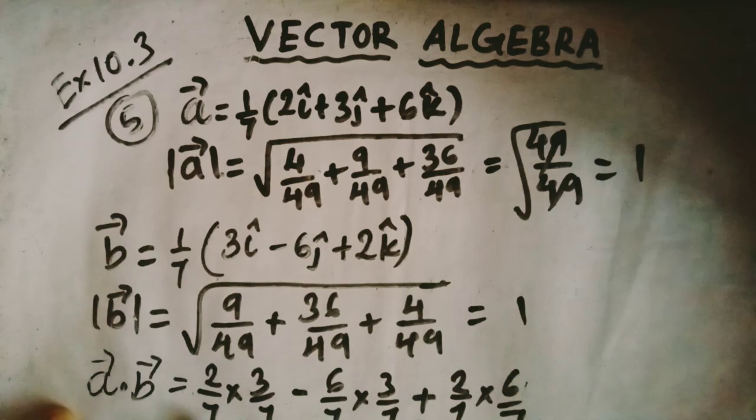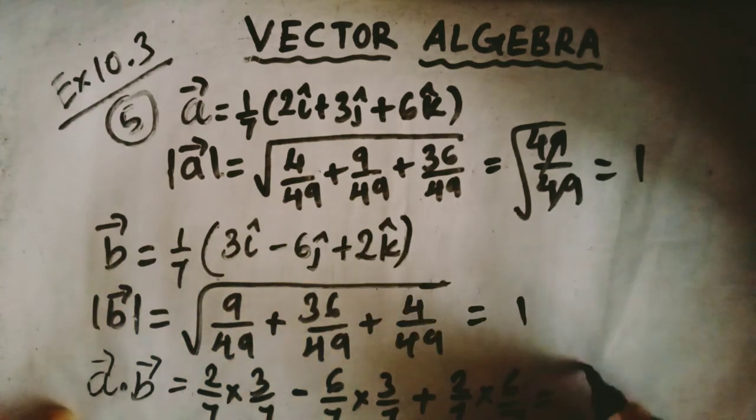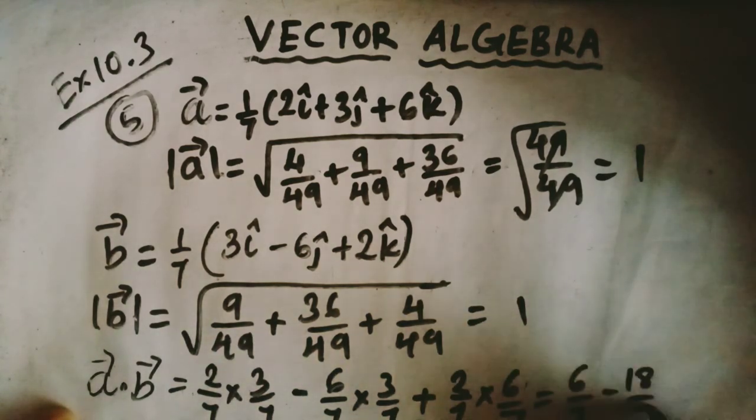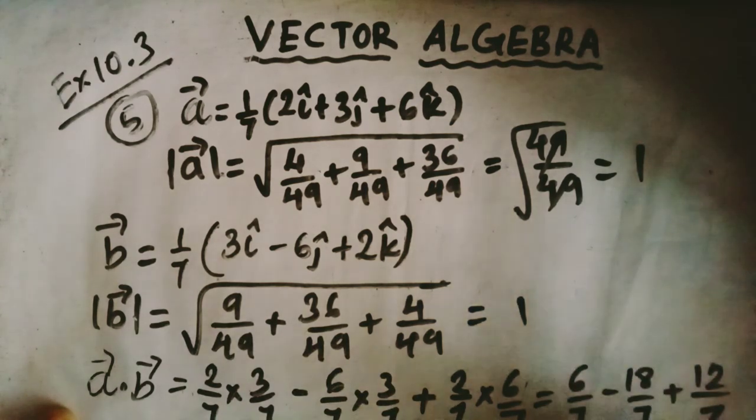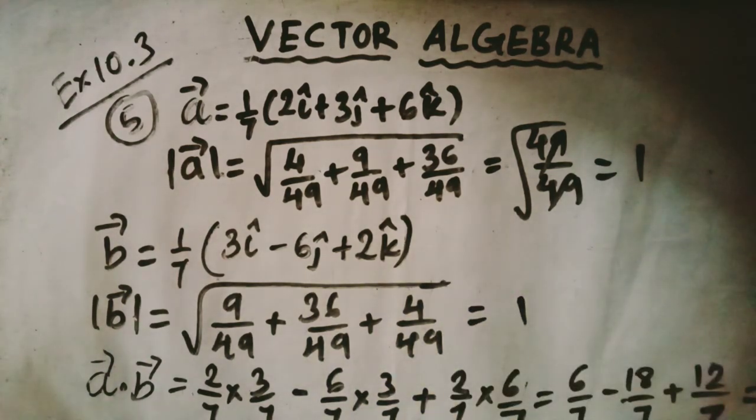Okay, so here you will get 2 3s are 6, 6 by 7 minus, so this again becomes 18 by 7, so minus 18 by 7 plus 18 by 7 you will get 0. Okay, so like this you have to find the unit vector of C vector, then A dot B, then B dot C you have to take, and C dot A you have to take.